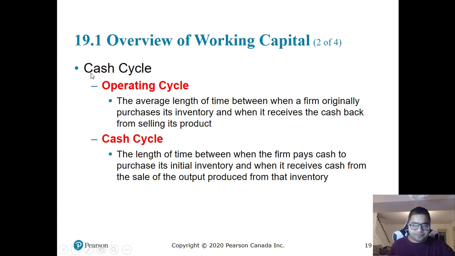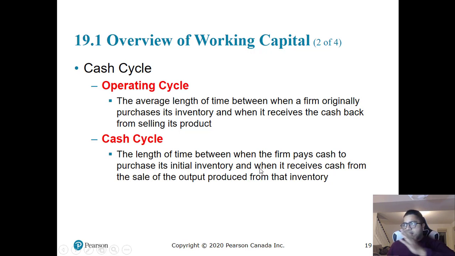So let's discuss. The average length of time between when a firm originally purchases its inventory and when it receives the cash back from selling its product, the whole cycle, is called the operating cycle. What is the cash cycle? The length of time between when the firm pays cash to purchase its inventory and when it receives cash from the sale of output from that inventory.